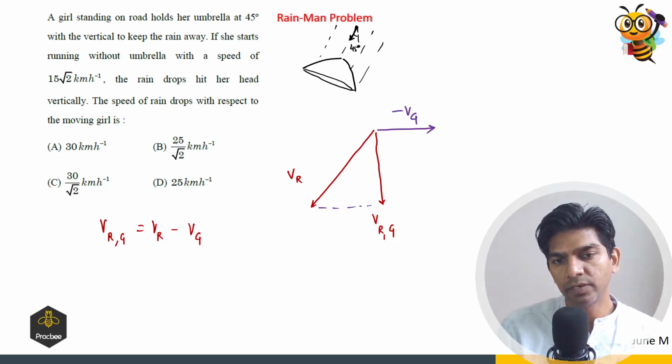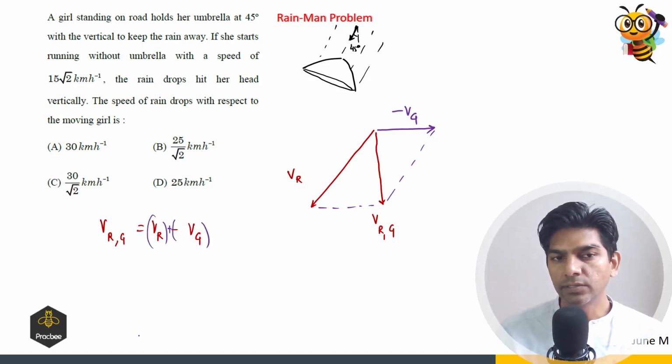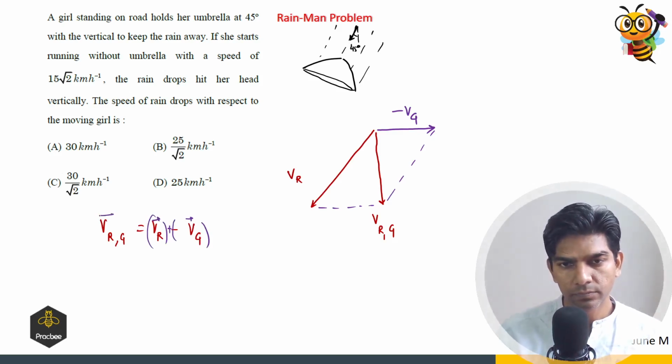Only in that case we will get Vrg in the vertically downward direction, because Vrg is the resultant of these two vectors, right? Vr and minus Vg vector.